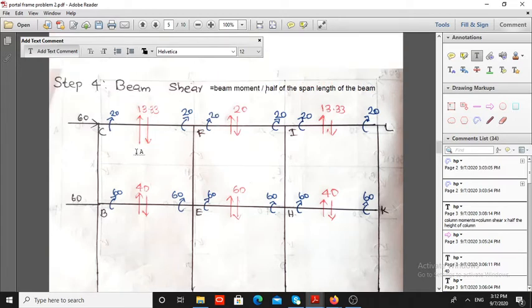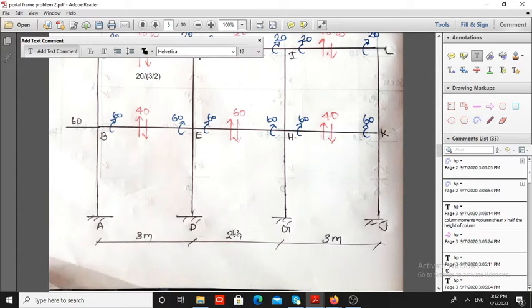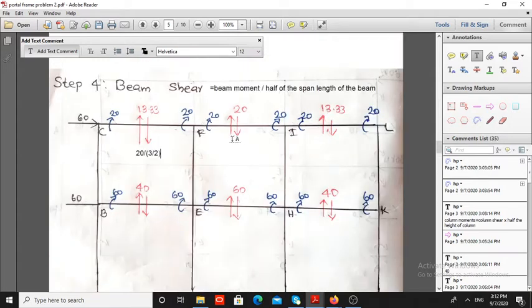Here this value is 20 divided by 3 by 2. Therefore that value is 13.33. Similarly, this value is, here the total span length is 2 meter. So this value is equal to 20 divided by 2 by 2, that is 20.